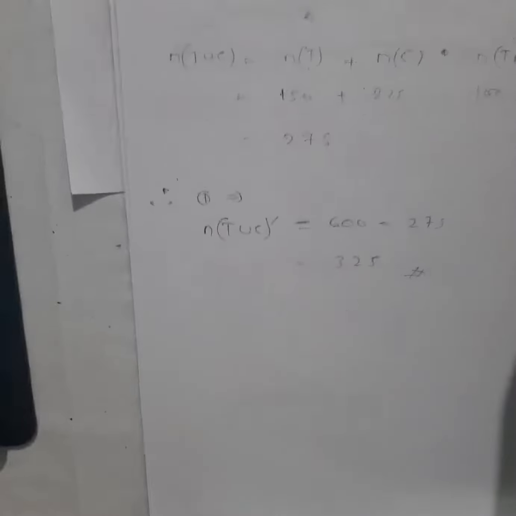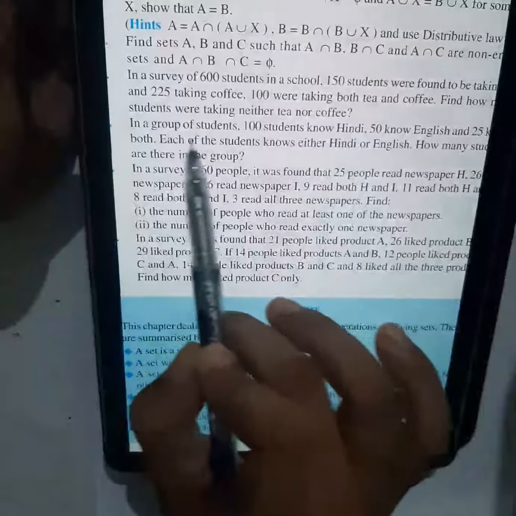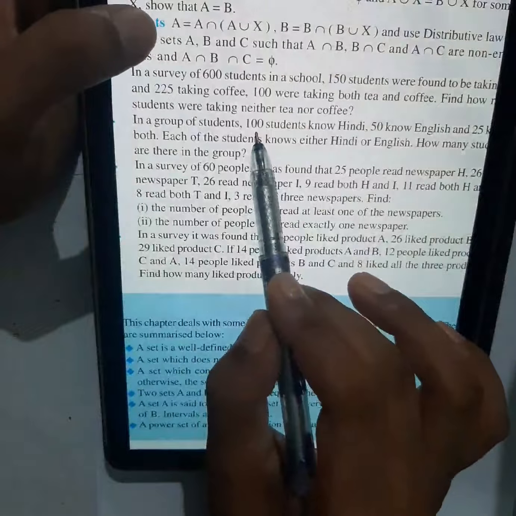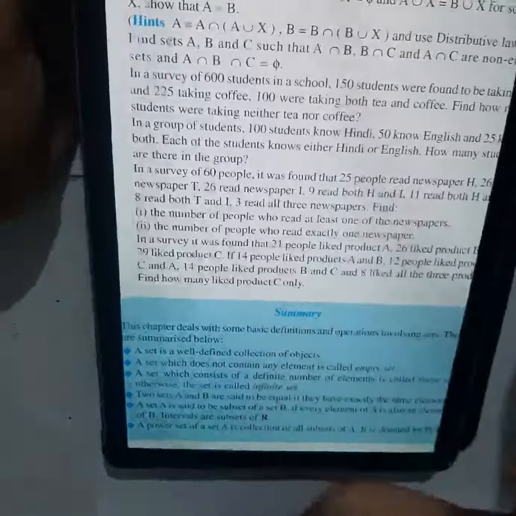You can see what it says in question number 14. In a group of students, 100 students know Hindi. Now in a group of students, they didn't mention how many students there are. They just said 100 students know Hindi, right? So I will make a set. Venn diagram is very important here.